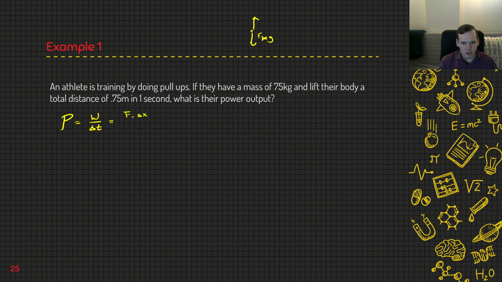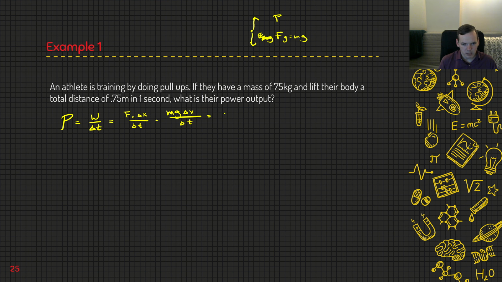They have Fg pulling downwards, and then upwards, the force that they're pulling with. So the force pull is equal to mg, times delta x over delta t.